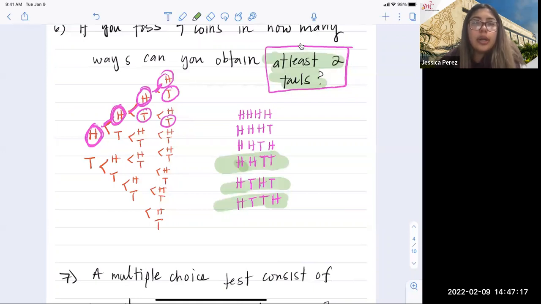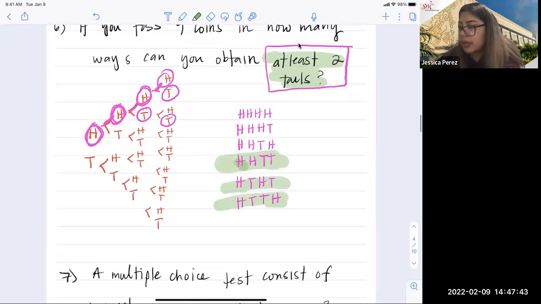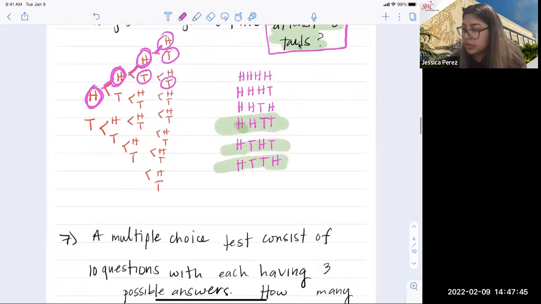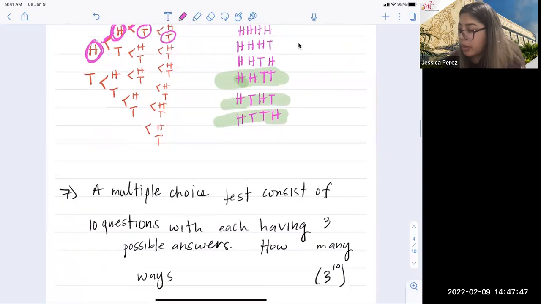So then you are able to count how many you can end up with, at least how many tails. So that's what you want to do for that. So you're going to be counting them.